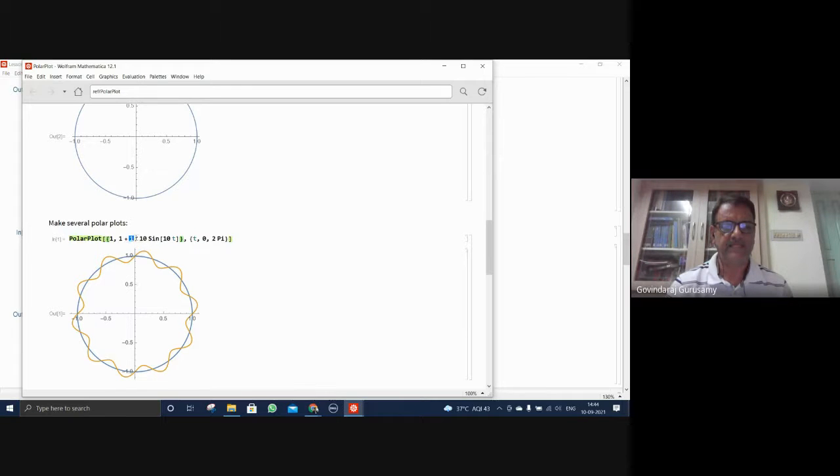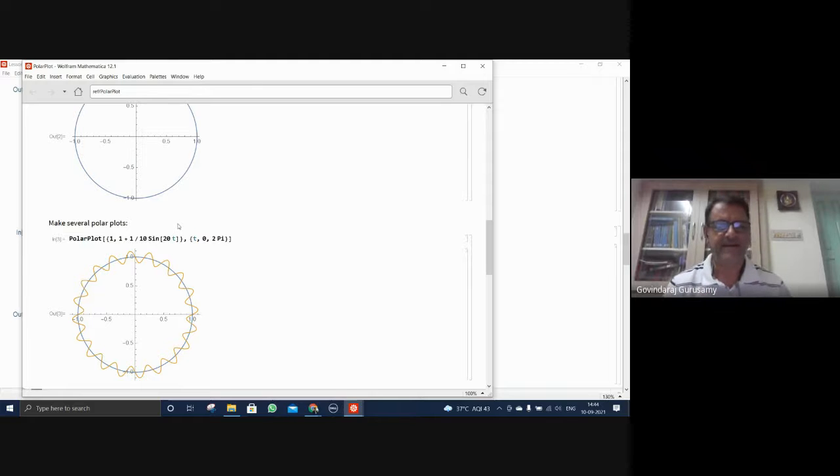This is 1 plus 1 by 10th of this amplitude into sine, with 10 such waves that you have. Ten times, because 0 to 2 pi has been taken. Suppose I add 20, you can see 20 such simple waves around.